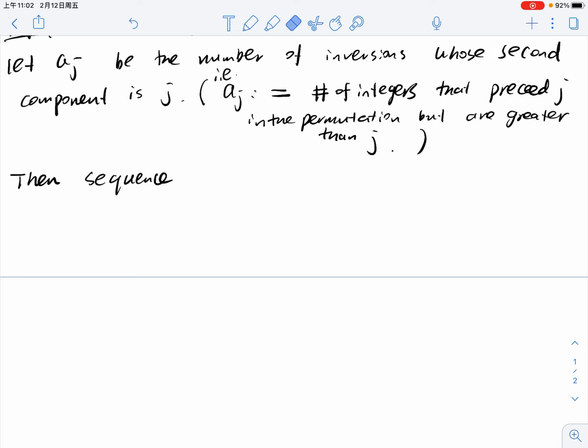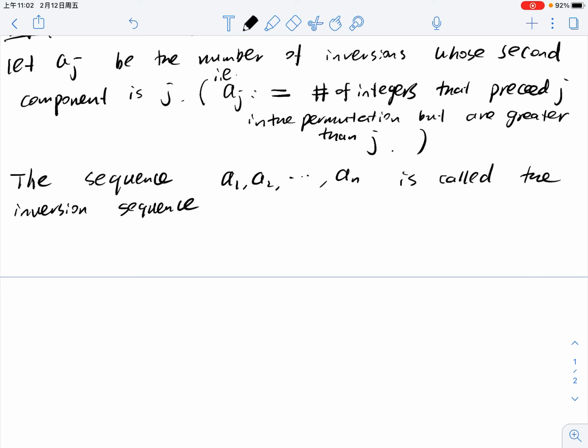The sequence A1, A2, all the way to AN is called the inversion sequence of the permutation I1, I2, IN.